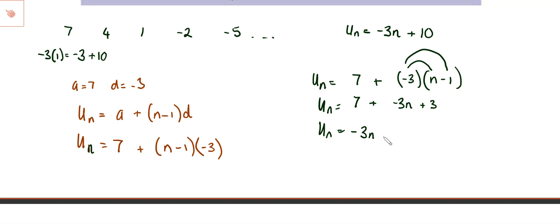So -3n, and it's going to be plus 7 plus 3. So what does that become? -3n plus 10. We got the same thing, yeah? Again, which way is easier? The first way. But we're learning, as good.